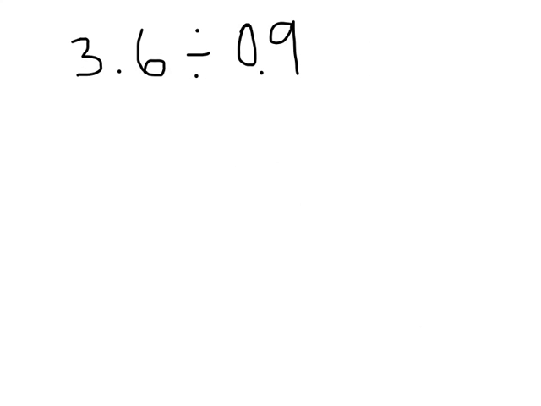3 6/10 divided by 9/10. I could multiply both the dividend and the divisor, the numerator and the denominator, by 10 to create a new division problem. I'd need to move the decimal once in each number. So 3 6/10 divided by 9/10 is the same as 36 divided by 9.